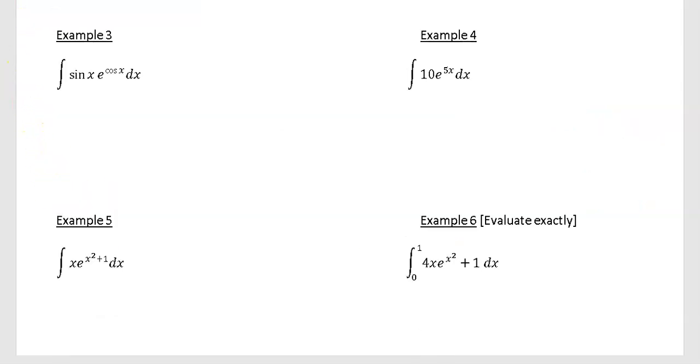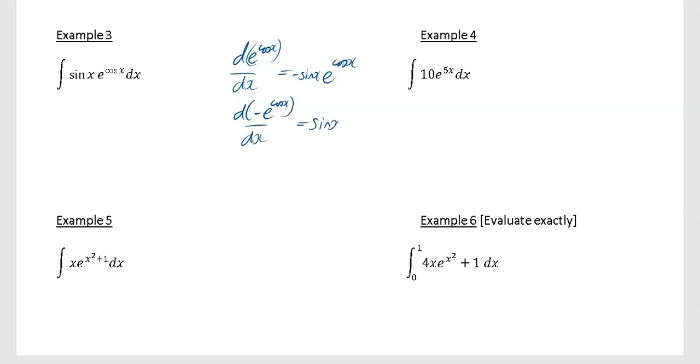Okay, example 3 looks much harder, so we're going to differentiate e to the cos x and see what we get. The power is going to be e to the cos x still, and just differentiate the power. If you differentiate cos, you get minus sine. So it's not quite what we wanted. Therefore, if you differentiate minus e to the cos x with respect to x, you will get what you want.